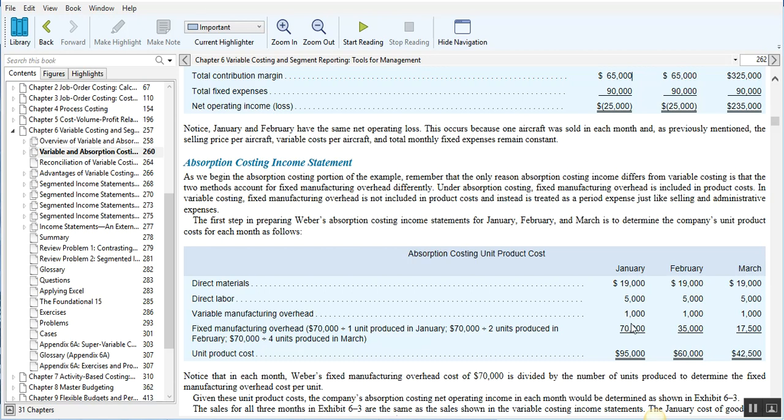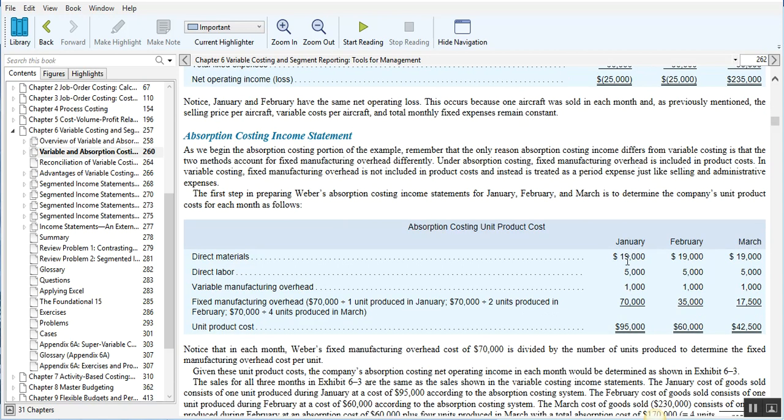Now suppose we're using the absorption costing method. If we do that, we will have a difference because of the way we calculate the cost of goods sold and what manufacturing costs are. So we're going to determine the unit product cost for each month. If we look at January, we have direct materials, direct labor, and variable manufacturing overhead.